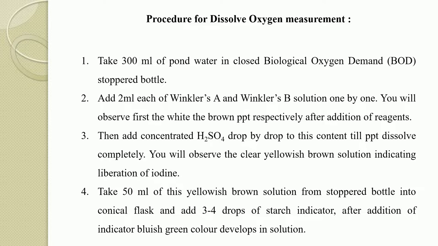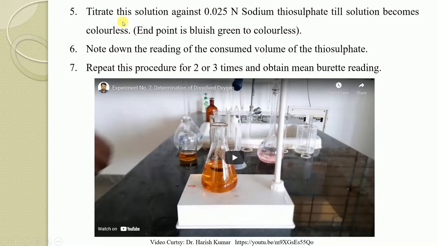In the next step you have to titrate this solution against the 0.025 normal sodium thiosulfate solution till the solution becomes colorless. The end point of this titration is bluish green or yellowish to colorless.